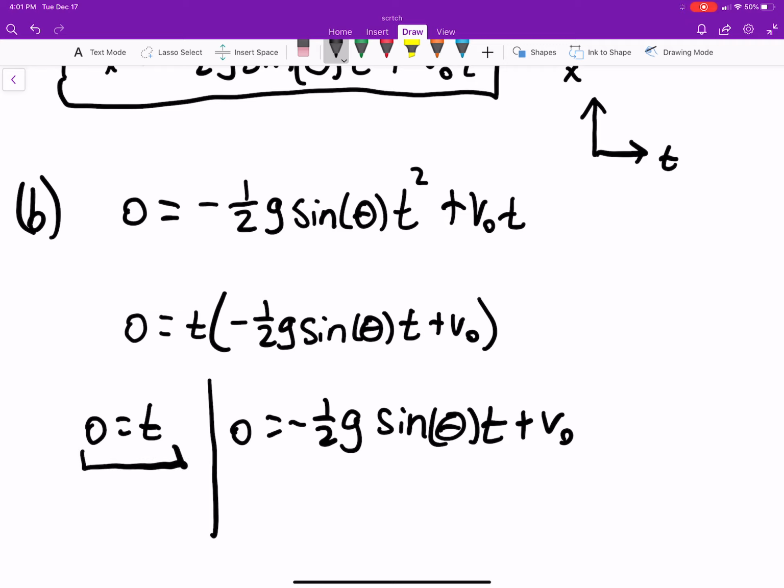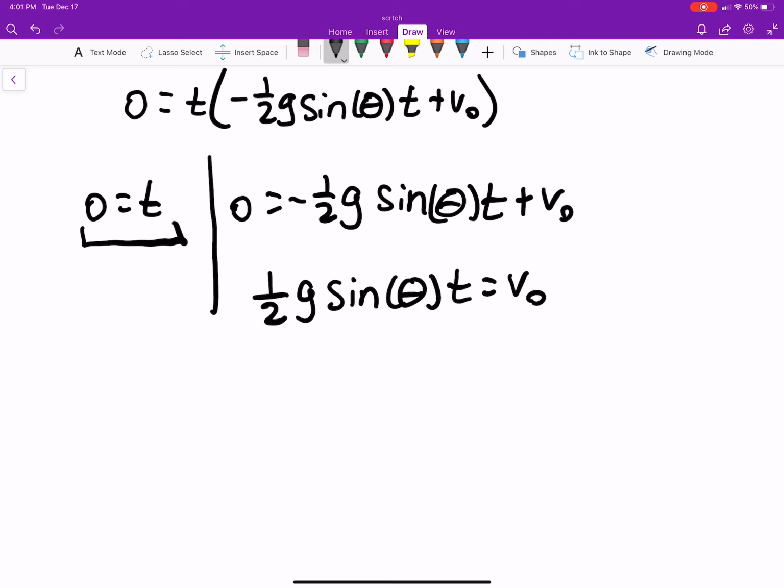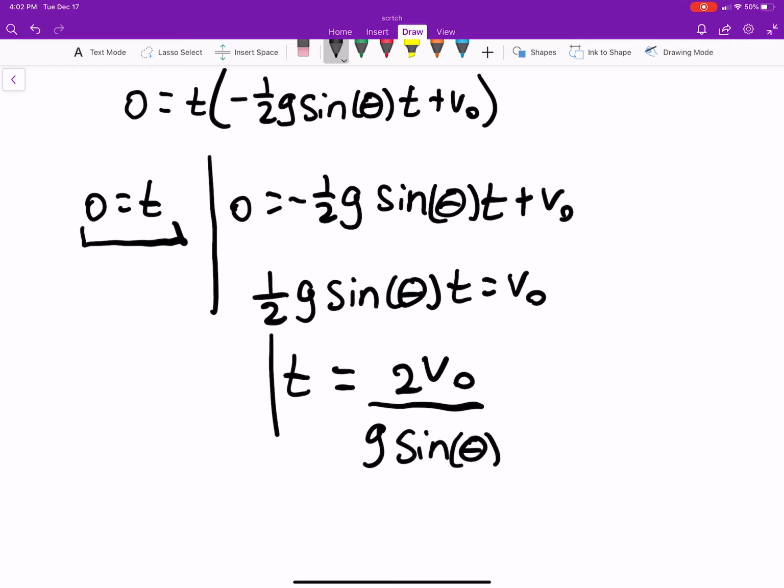Well, this was kind of redundant. That's just telling us that we're at the origin when we start a clock. We knew that. This one's pretty simple to solve. You just solve for time. So t equals 2 times v naught divided by g times sine of theta. So there you go.